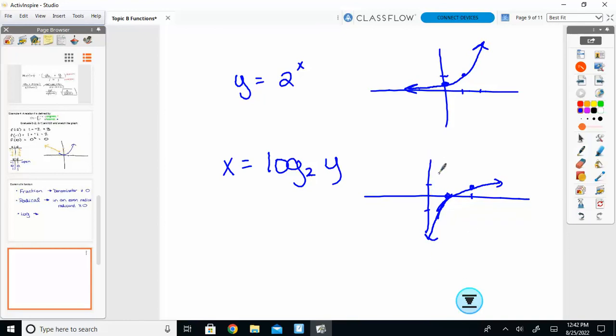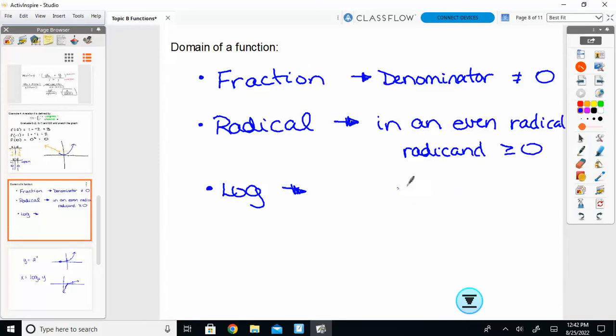Does it ever cross this line? So it's just 0 to infinity. So for a log, the argument, the thing we're doing the log of, has to be greater than 0. We have a vertical asymptote there on the y-axis, so it has to be strictly greater than 0.